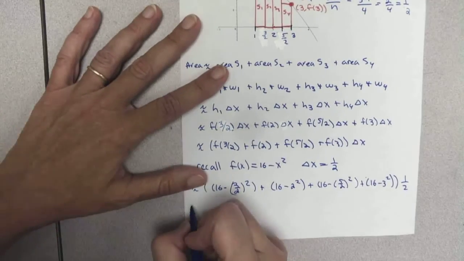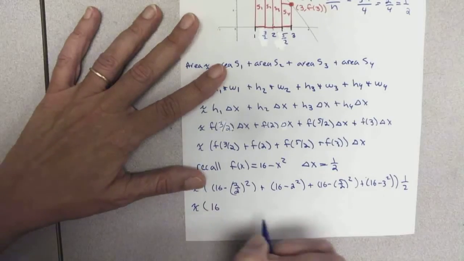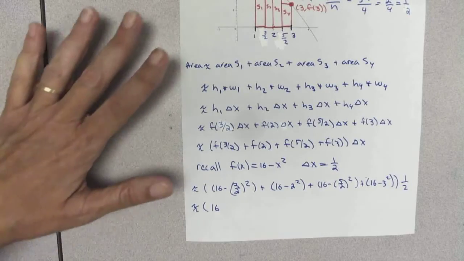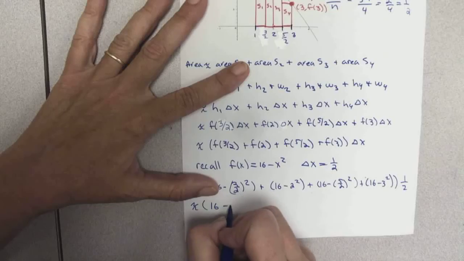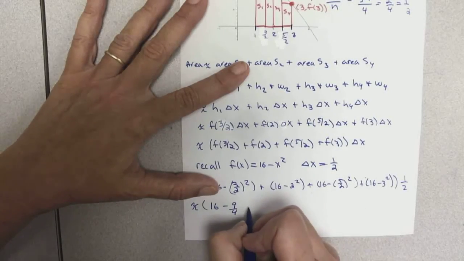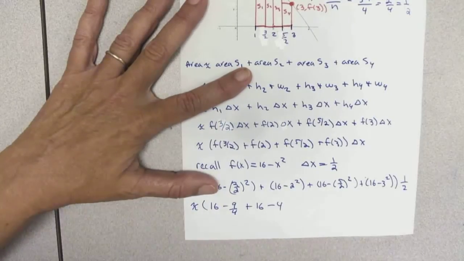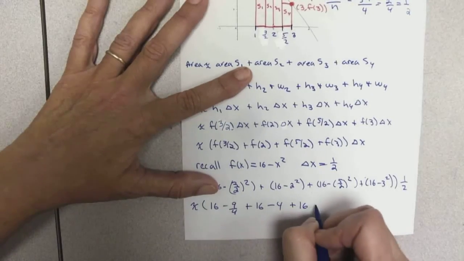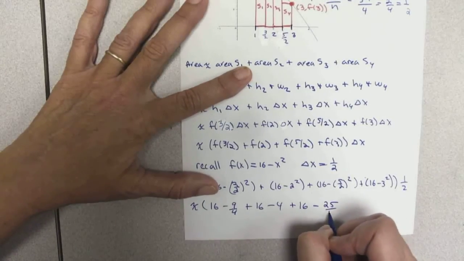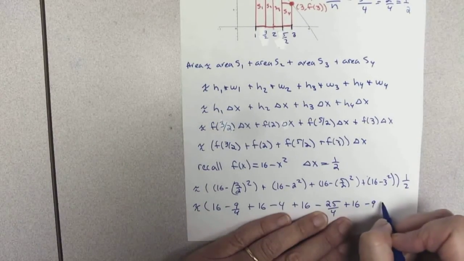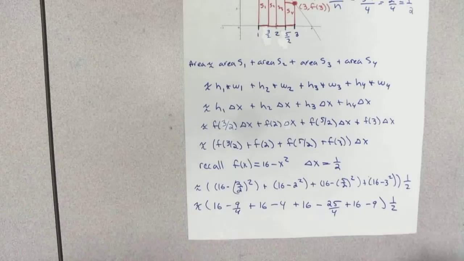Now starting to do my arithmetic. And the point is not the arithmetic. So hopefully I get it right, but if I get it wrong, you'll excuse me. So that's 16 minus 9/4 plus 16 minus 4 plus 16 minus 25/4 plus 16 minus 9, still times 1/2.